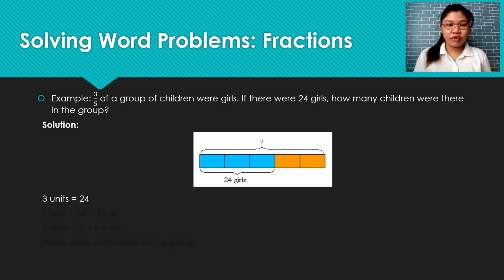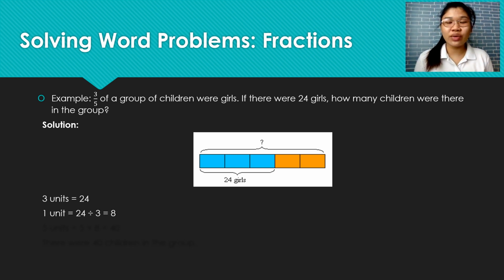So meaning, for the 3 units in our total of 5 units, those 3 units belong to 24 girls. So if 3 units is equal to 24 girls, we have 1 unit is equal to 8 girls, right?